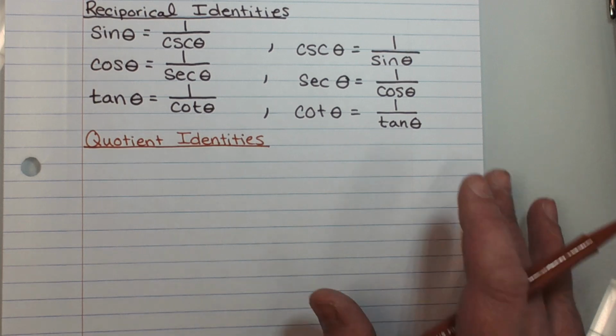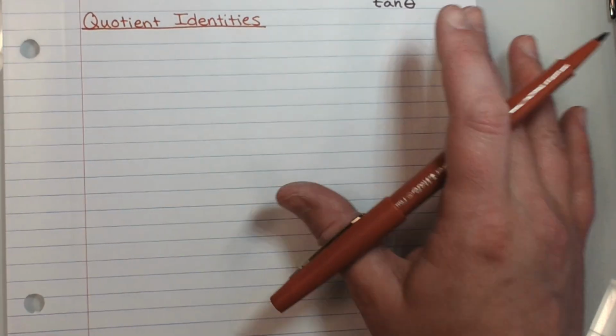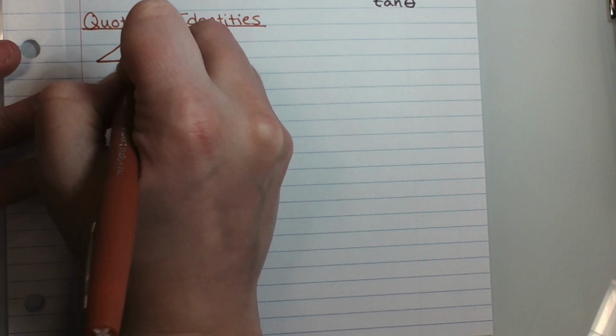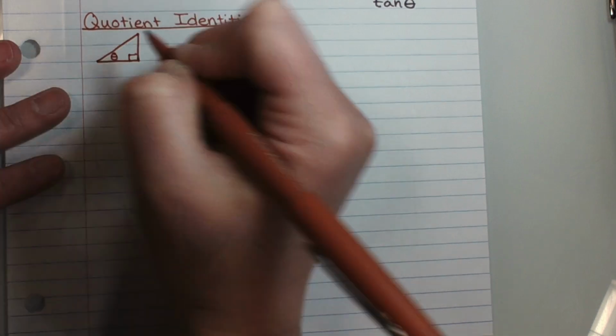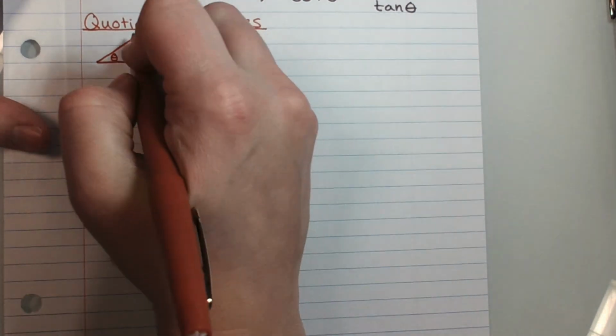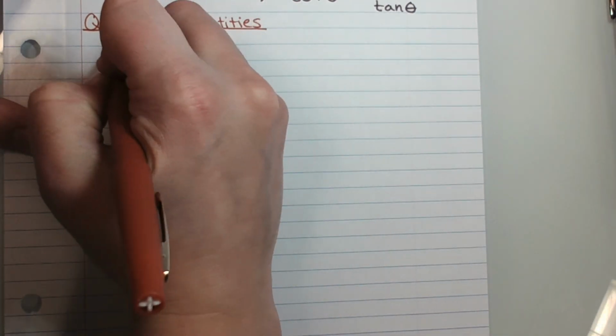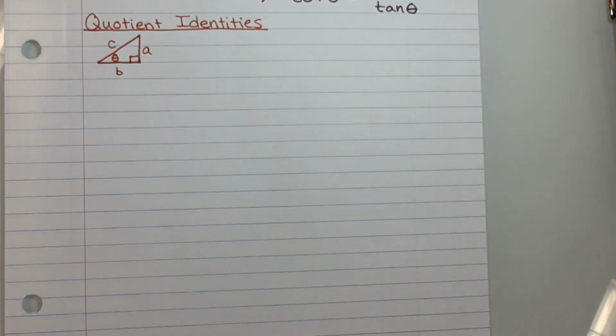The quotient identities also come out of this idea of working with a right triangle. But these ones aren't just based on how it's defined. These ones are actually created from manipulating what we know on the right triangle.